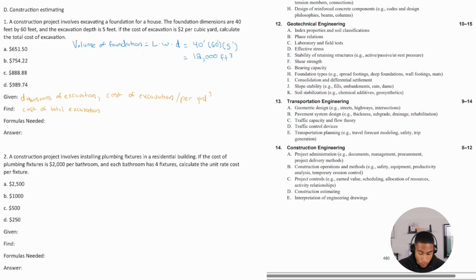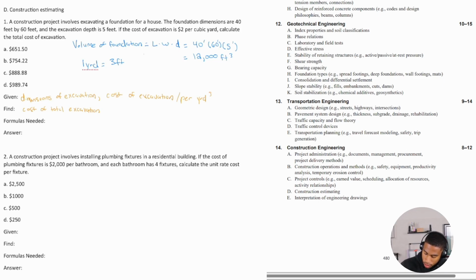That's going to be 1 yard is equal to 3 feet.